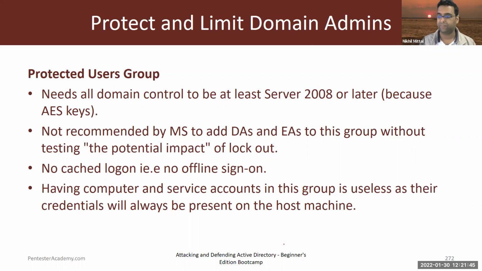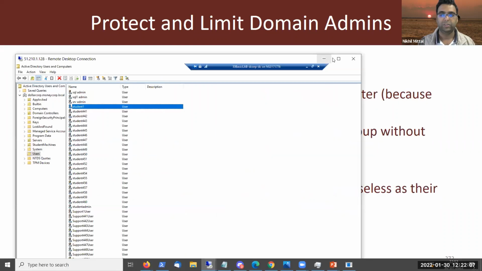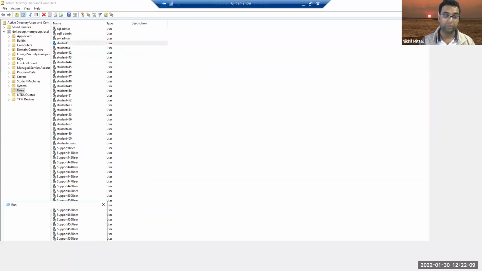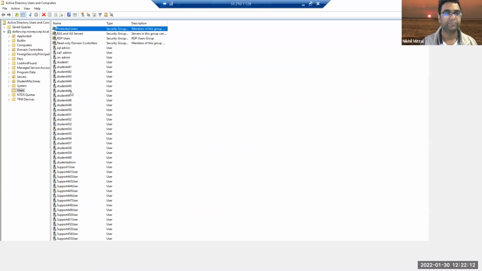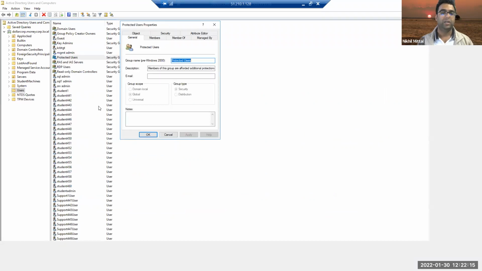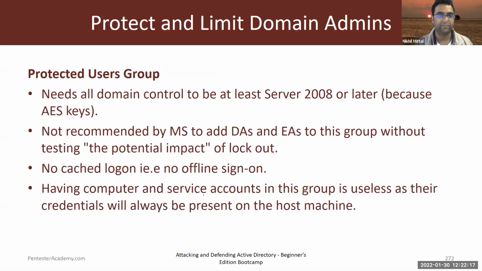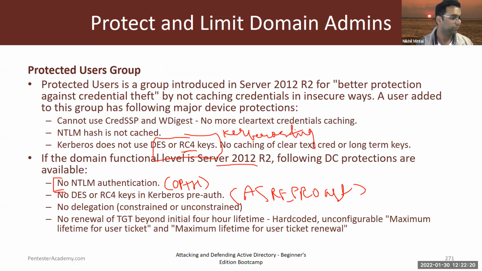These are not enabled by default. These are available to admins. So, for example, if you simply want to add a user to the protected users group, this is the group, protected users. Any user added to that group would have these benefits. All right, how can you enable that?